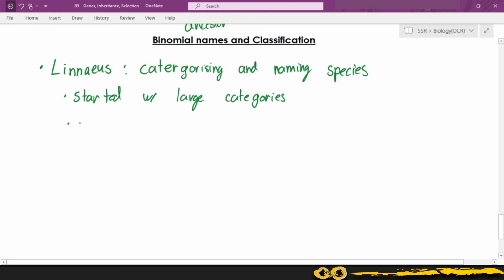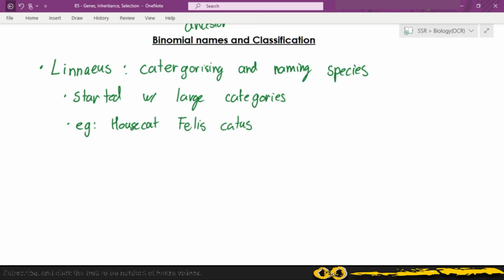So let's use the example of the house cat. And its Linnaean name, or its binomial name, is Felis catus. If we think about the largest category that this could possibly belong to, that would be what we would call the kingdom.